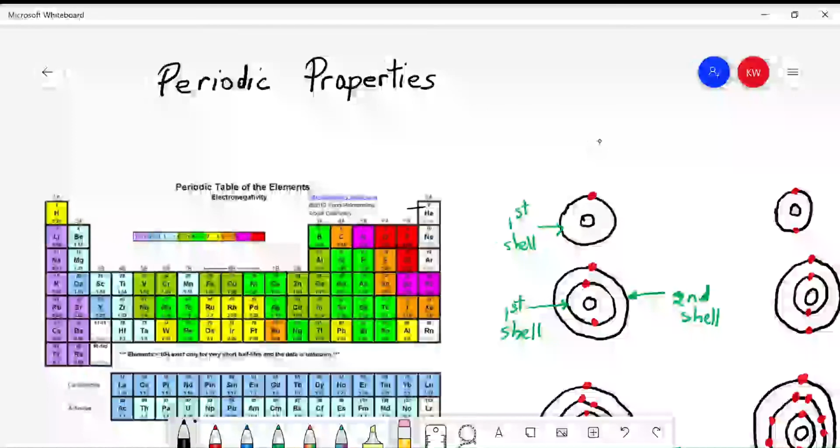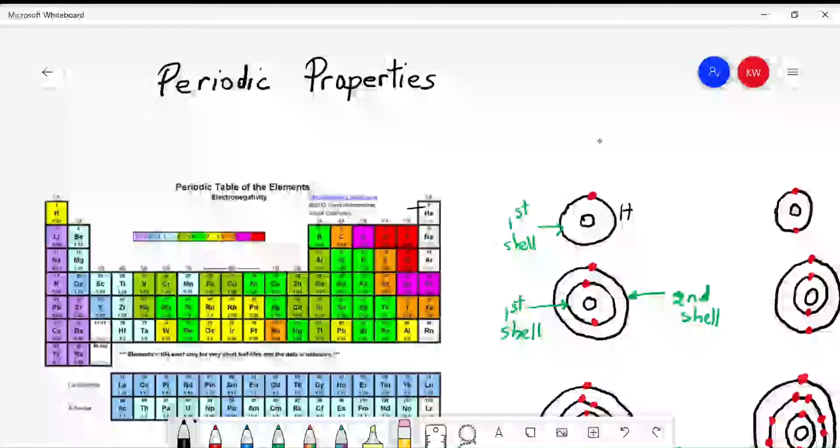So here we have our nucleus and our first shell, and this has one electron. So this represents hydrogen. Below hydrogen is lithium.